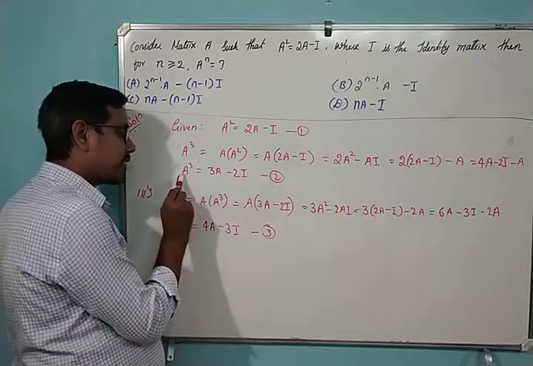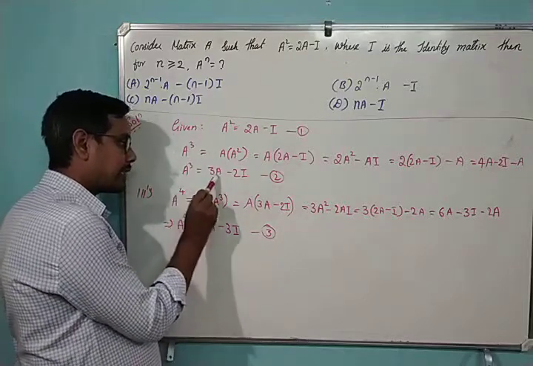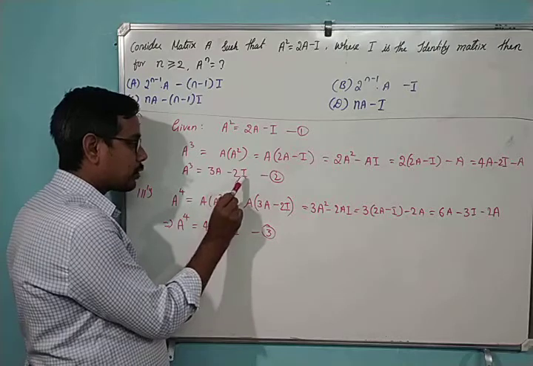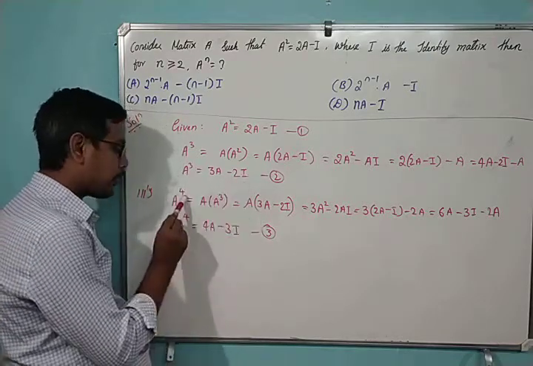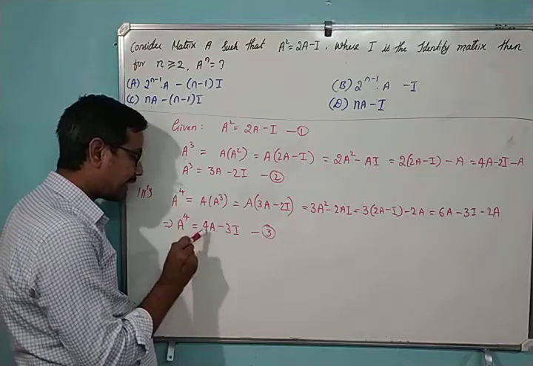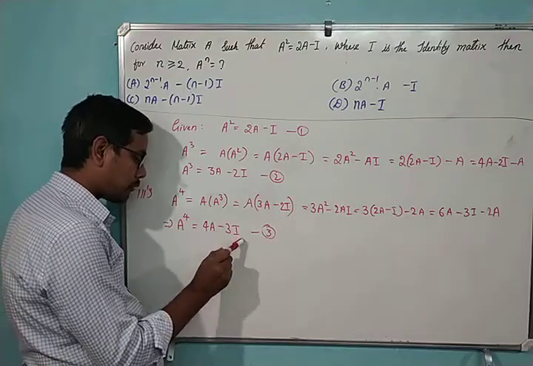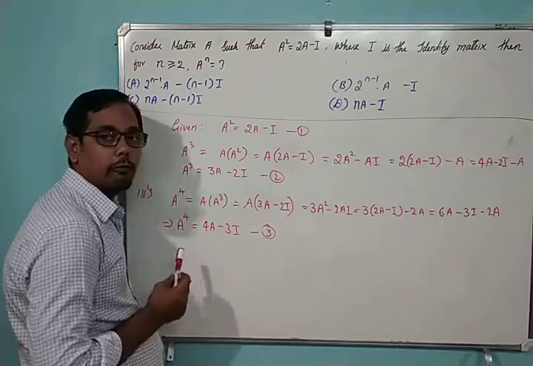Here A cube is there, the coefficient of A is 3, and the coefficient of I is 1 less than 3, that is 2. A to the power 4, the coefficient of A is exactly 4, and the coefficient of I is 1 less than 4, which is 3.